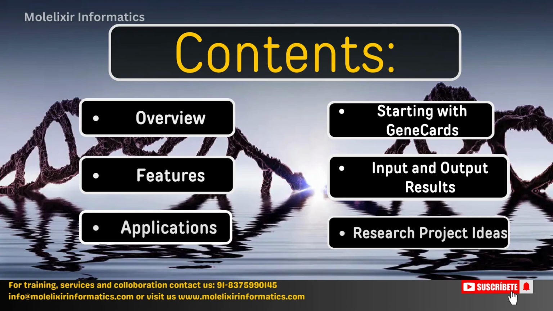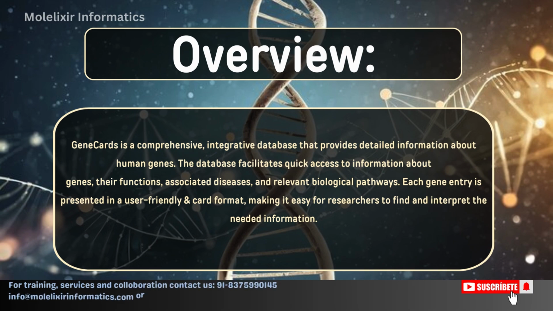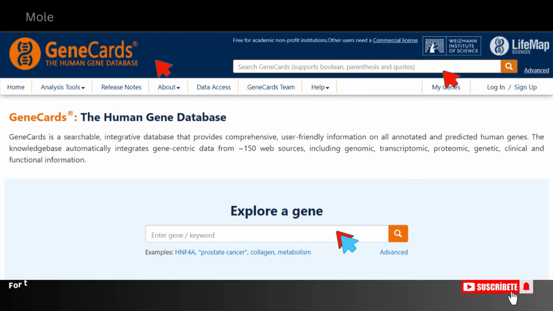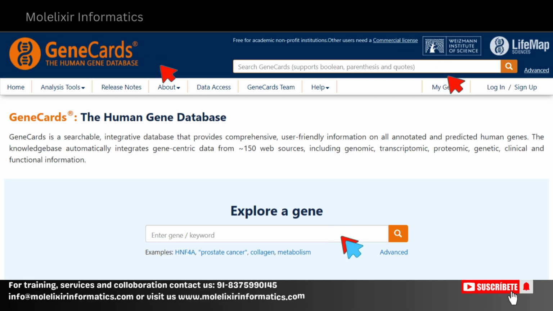So, starting with a brief description, GeneCards is a comprehensive integrative database that provides detailed information about human genes. Launched in 1997 and developed by the Weizmann Institute of Science, GeneCards aggregates data from over 150 distinct sources, including genomic, proteomic, transcriptomic, and functional information.